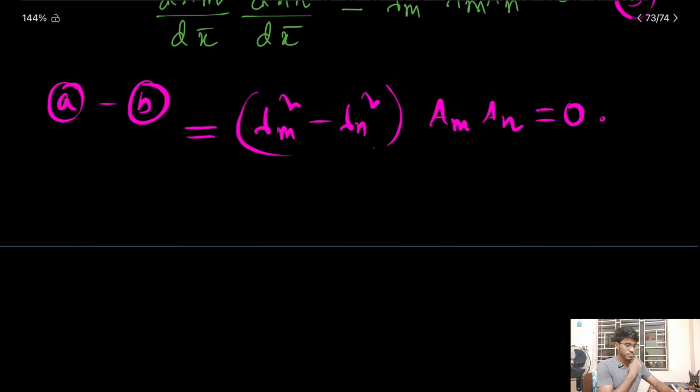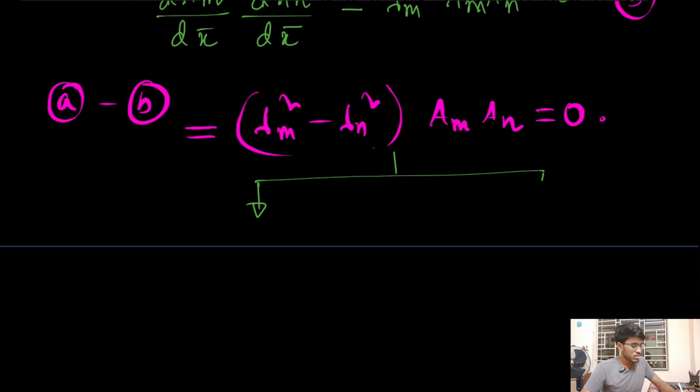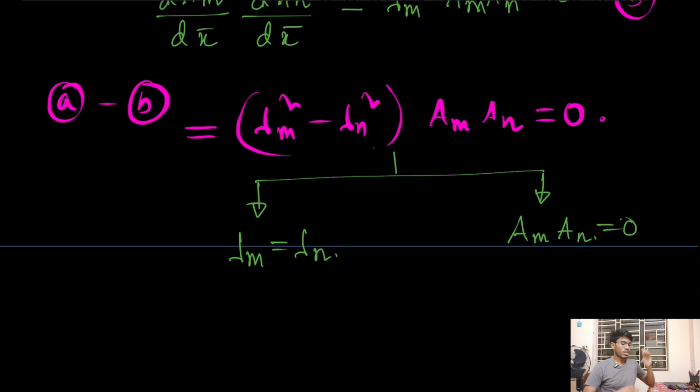Clear? Okay. So now you see you have again two options here. One option is lambda m is equal to lambda n. Another option is am into an equal to 0. So if lambda n is equal to lambda m, that means m equal to n.